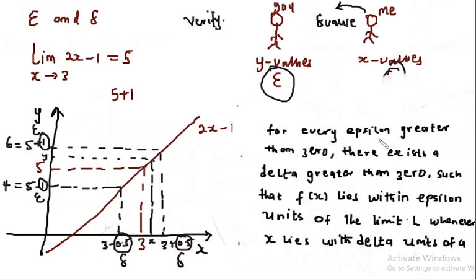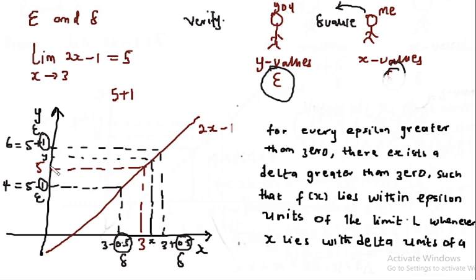For every epsilon greater than 0, there exists a delta greater than 0. So the equivalent delta that will correspond to the epsilons here must also be greater than 0, such that f of x lies within epsilon units of the limit L whenever x lies within delta units of a.